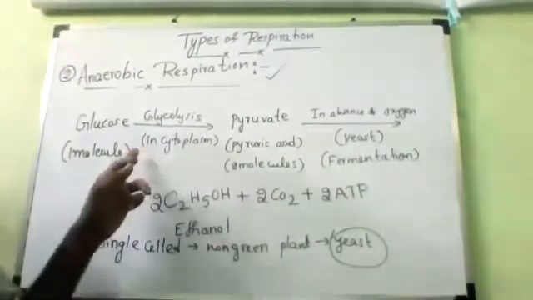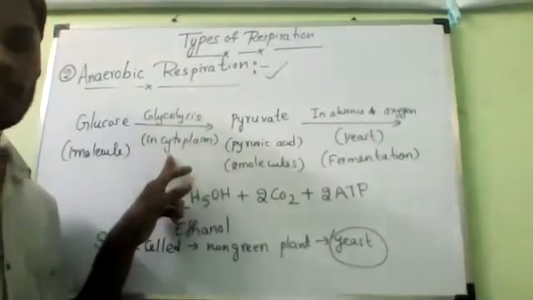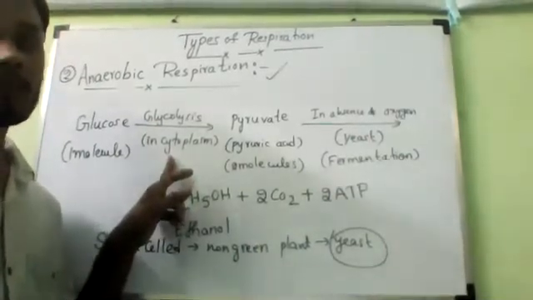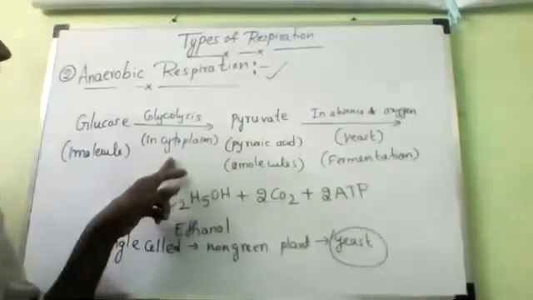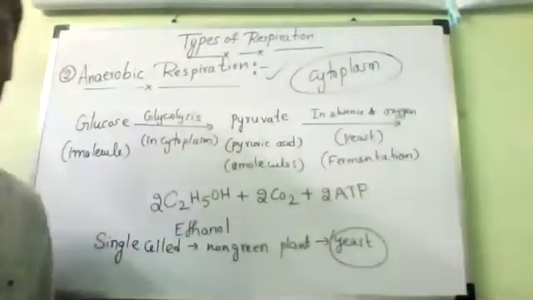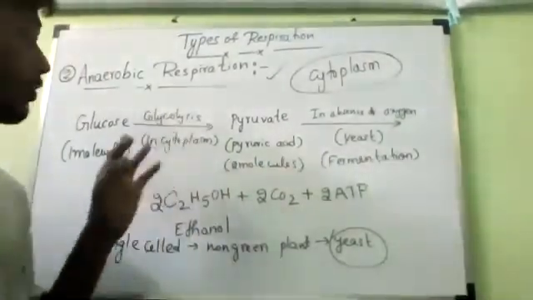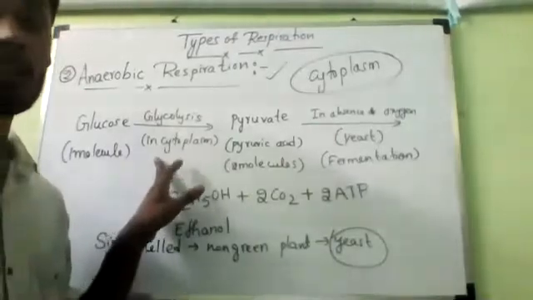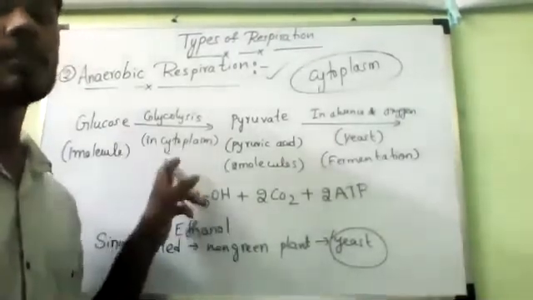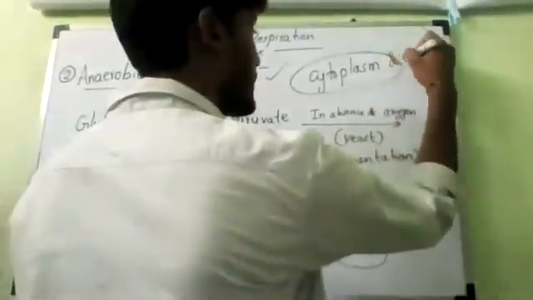But where will anaerobic respiration take place? In the cytoplasm. The whole process of anaerobic respiration takes place in the cytoplasm of the cell, that's all.